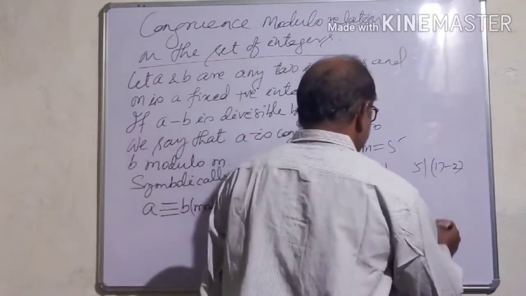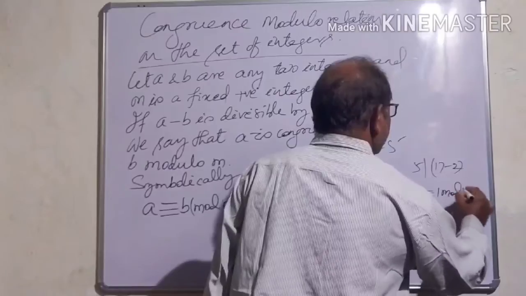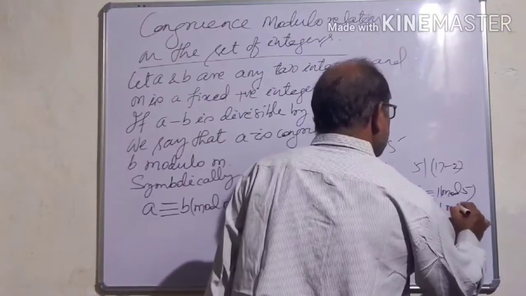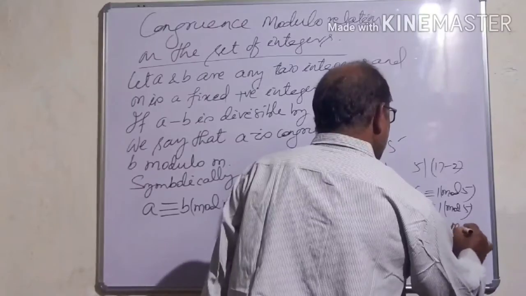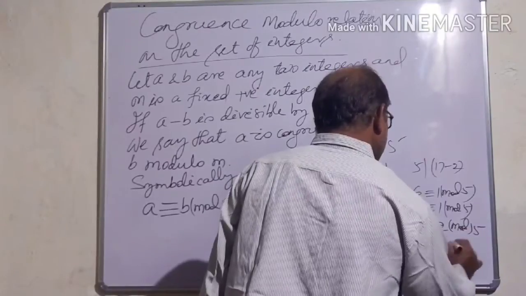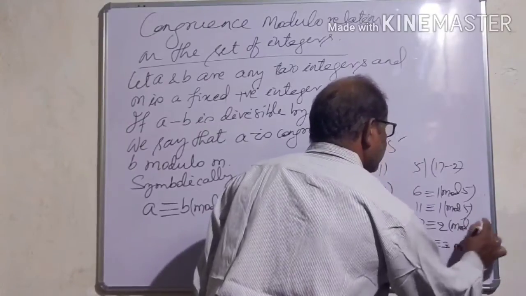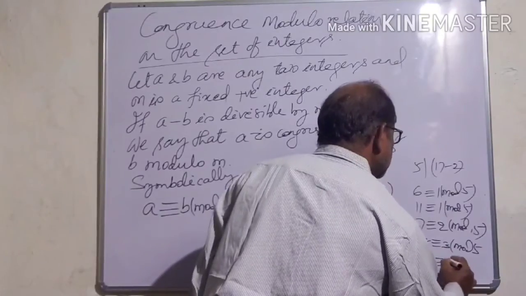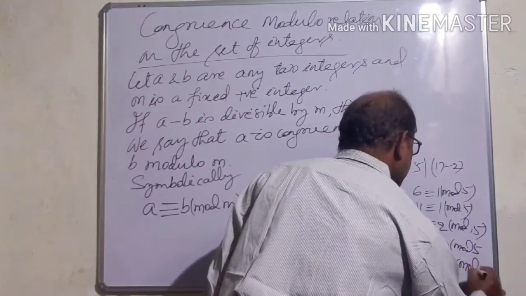So from this we can write 6 is congruent to 1 mod 5, 11 is congruent to 1 mod 5, 7 is congruent to 2 mod 5, 8 is congruent to 3 mod 5, and 17 is congruent to 2 mod 5.